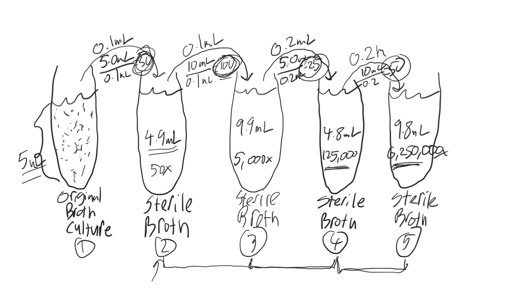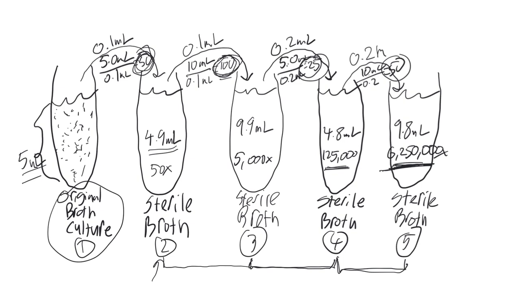That means tube 5 is 6,250,000 times more diluted than the first tube. It has that much fewer bacteria in it than the first tube.